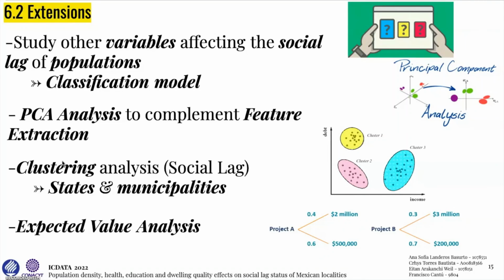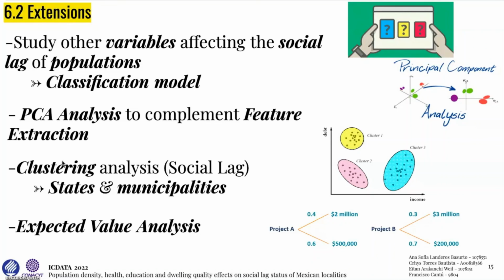For further research, it would be interesting to study other variables that could affect the social lag of the population besides the variables analyzed in this project. That is, take into account other variables apart from the 12 that build the social lag index, and use them for a classification model. Also, other classification models could be applied for higher accuracy and better prediction.